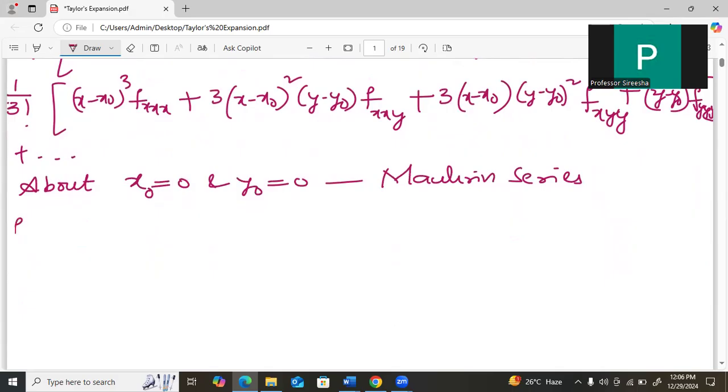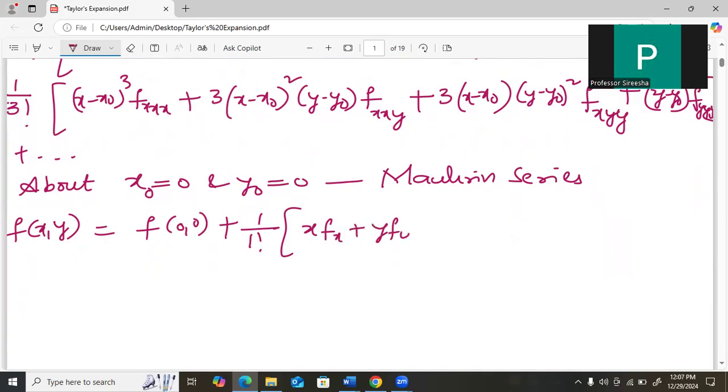Okay, so how will my expansion look like? Taylor series expansion for f of x would look like this. F of 0 comma 0 plus, of course, 1 by 1 factorial, I'll write it out. X fx plus y fy plus 1 by 2 factorial x squared, of course, just a second, I'll rewrite this again. Why?